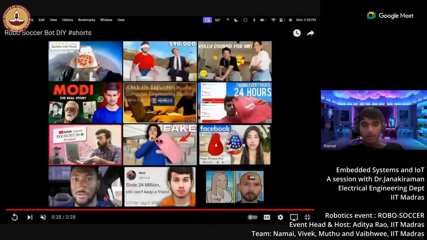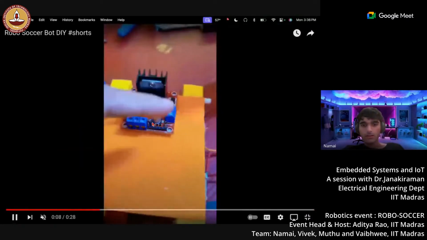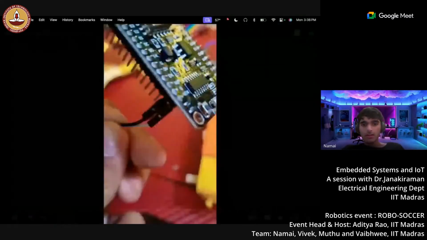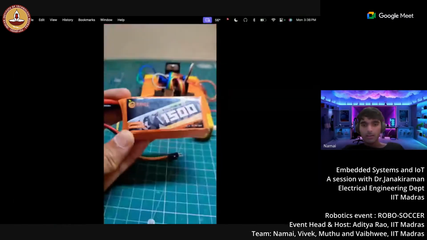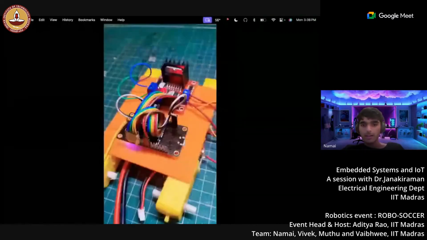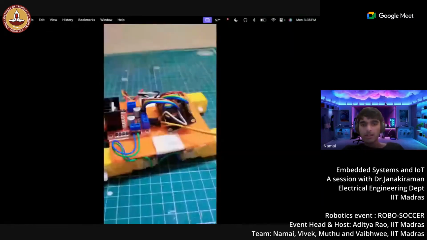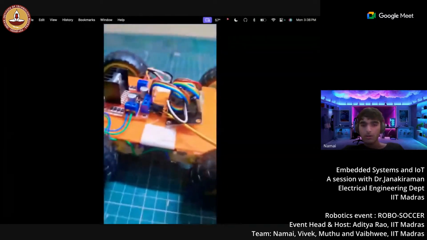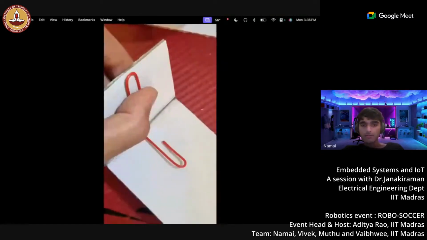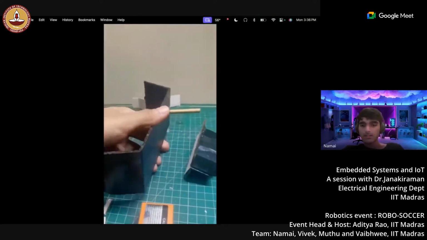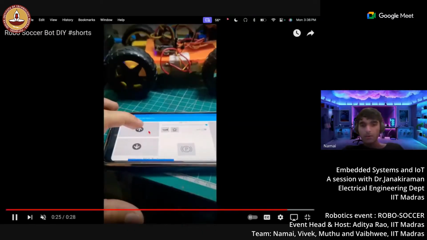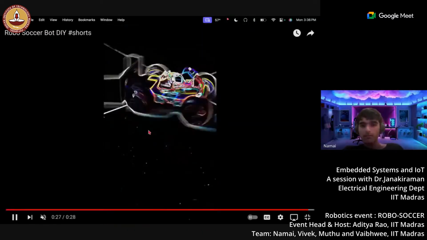So this is how I made it. Again, this was the motor driver, and I used ESP8266. And then I used this 3S LiPo battery. Again, this was very basic in nature, as all of these motors were just hot glued in place. Basically, I was just trying to show that even with basic materials, you can make something which is very cool. And this I feel is very fast.